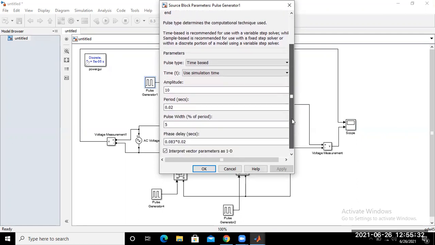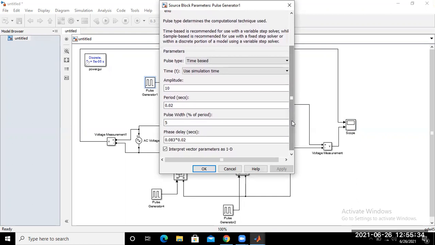Suppose we want 45 degree. So 45 divided by 360, what is the exact value? 45 divided by 360 equal to 0.125.